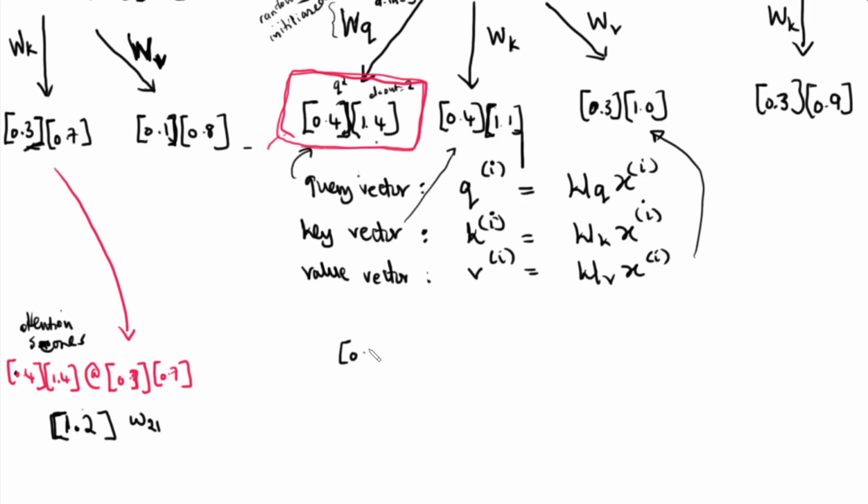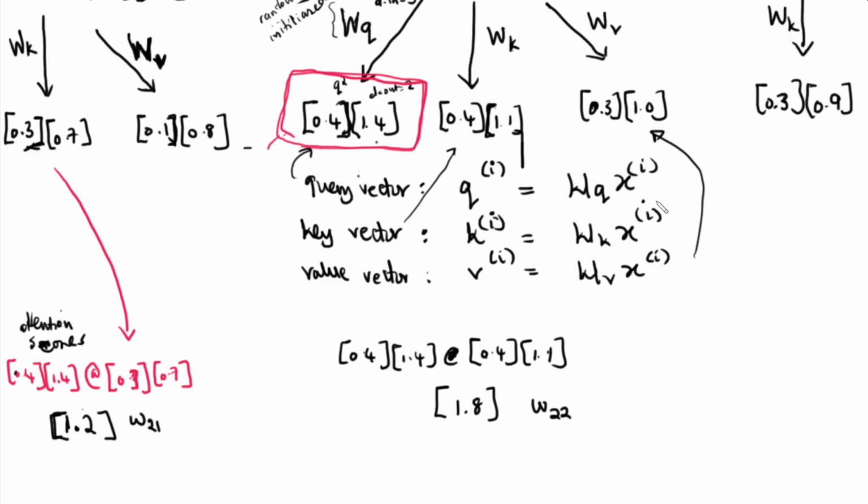So it's just going to be our 0.4, 1.4, and then we have our 0.4, 1.1. If you want, you can use dot product: 0.4 times 0.4 plus 1.4 times 1.1, and then you get your 1.8. And this becomes our W22. So this is the attention score here.